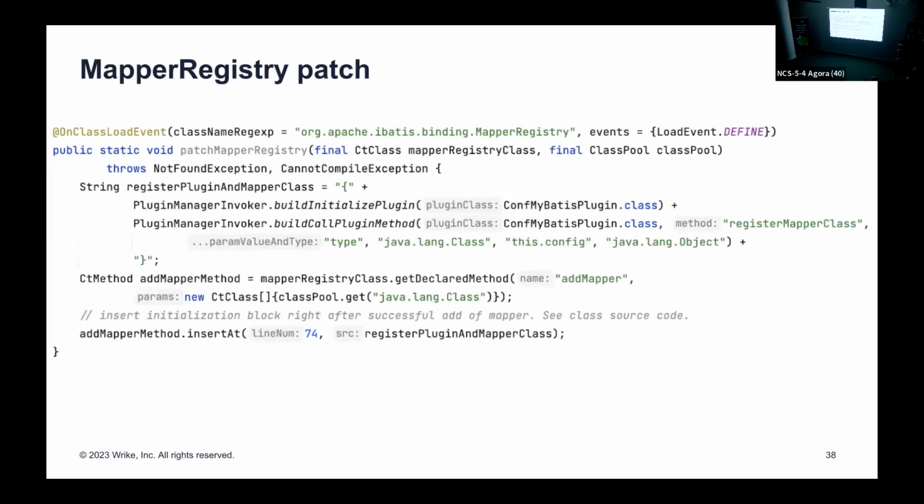And here's basically how we will update the mapper registry class. To do this, we create a method inside our plugin and annotate it with the on-class load event annotation, basically saying that we want this method to be called when the mapper registry class is first defined.